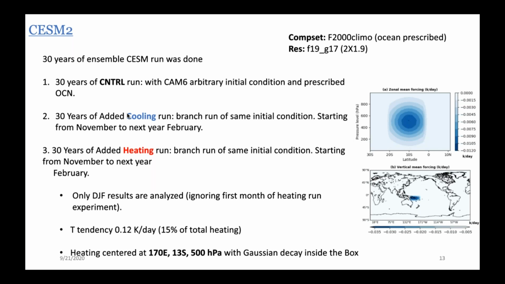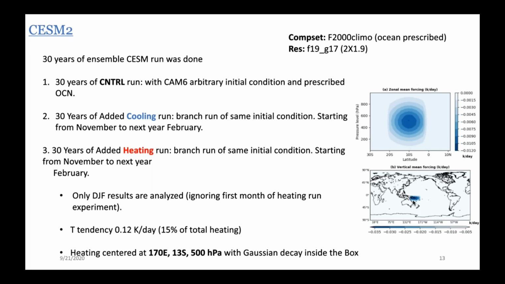Cooling and heating is basically adding artificial cooling over the SPCZ region, and heating is the opposite, putting a little bit more heating over the SPCZ region. This is not a prescribed heating, so the model creates its own anomaly heating over that region also.